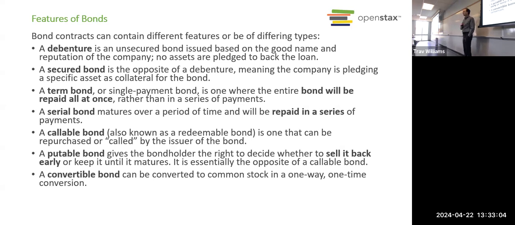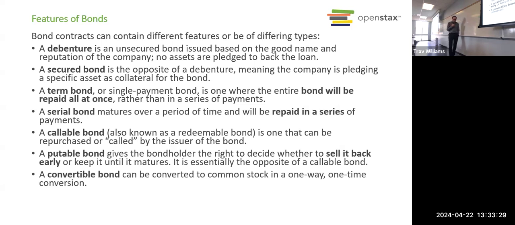Okay, I told you bonds get a little tricky. In a callable bond, the seller of the bond can call it back. Okay, so let's say you're an investor and I, as a corporation, sold you a bond. And maybe you're getting 5% interest that I'm having to pay, right?